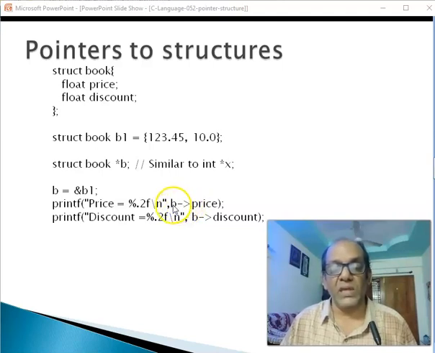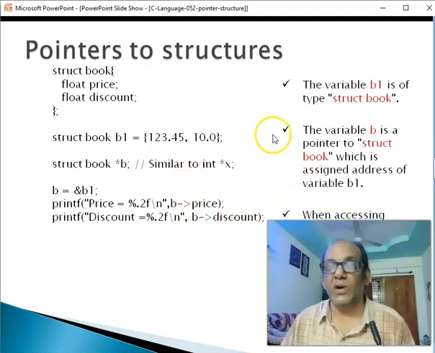B arrow price will access the address first, then using the arrow operator it will go into the structure and fetch this price. Similarly, B arrow discount goes to the address given by B, then gets the discount variable.